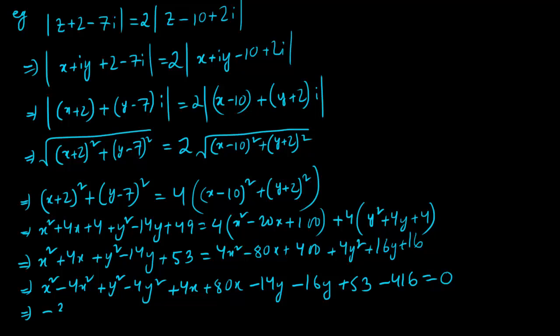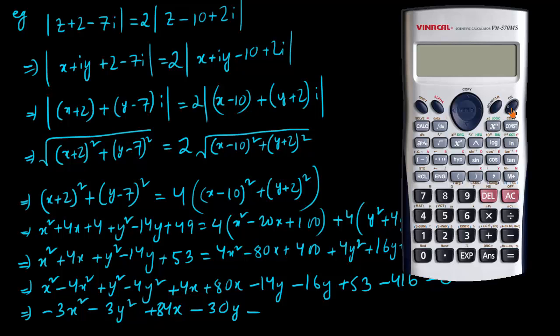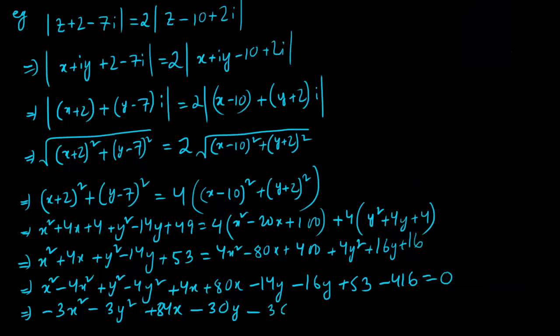Then we have minus 3x squared minus 3y squared, plus 84x, minus 30y, and this is 53 minus 416, which is minus 363, equals 0.